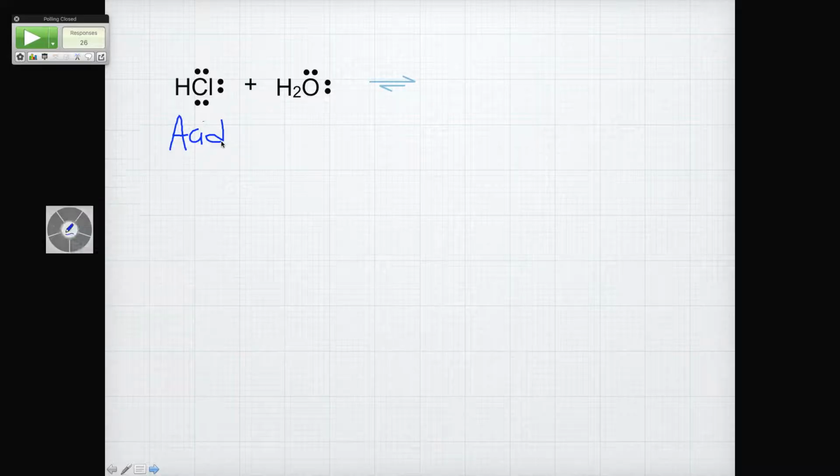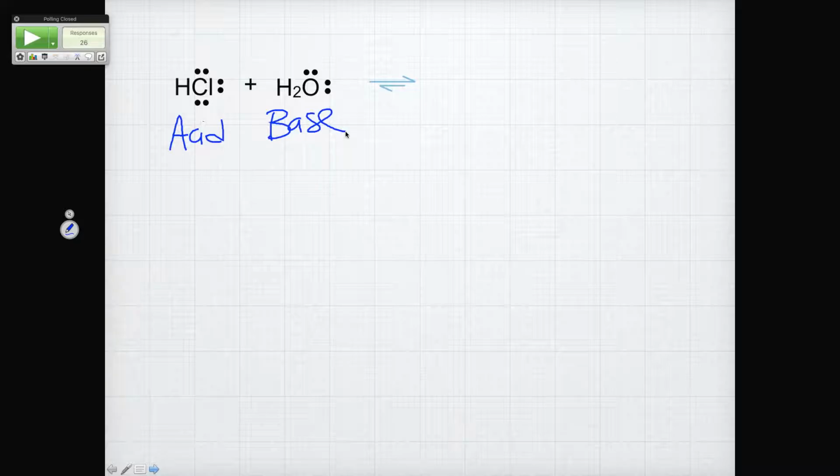Water can function as an acid or a base. How do you decide which one it's going to be? By what the other thing is. So if this is an acid, H2O must be functioning as a base. Does that make sense? Use that logic to figure out the ones that can do both. There's going to be a couple that can do both.